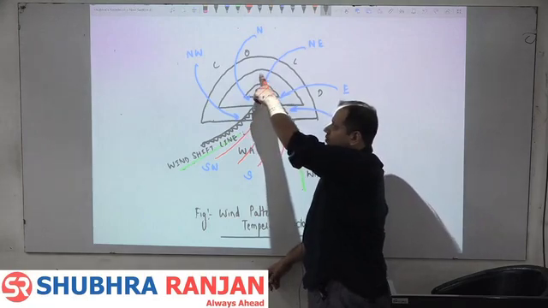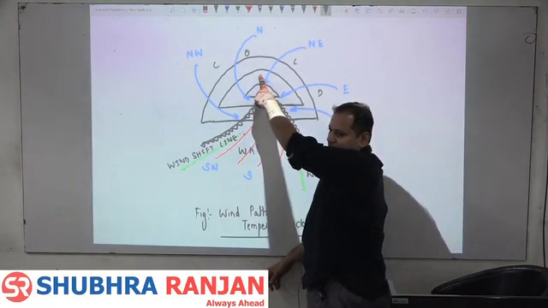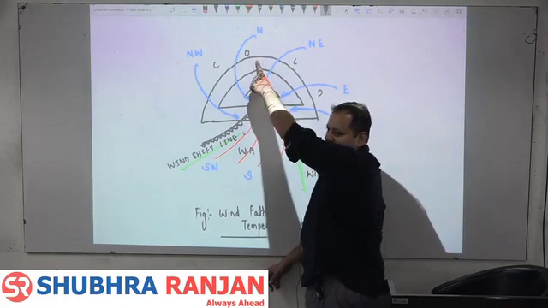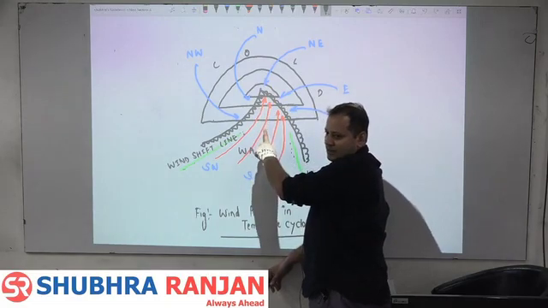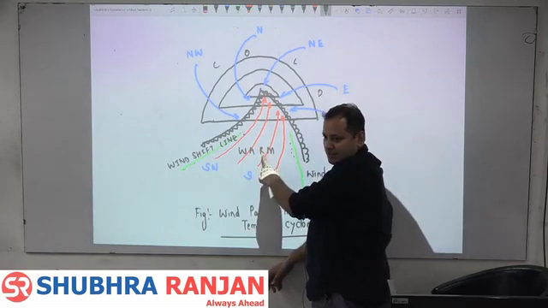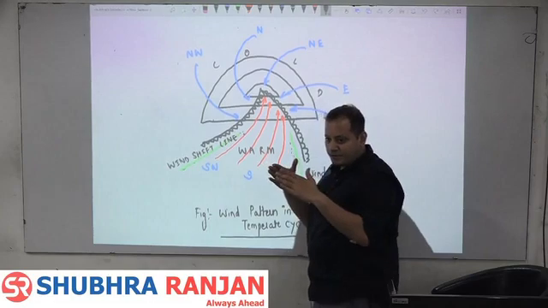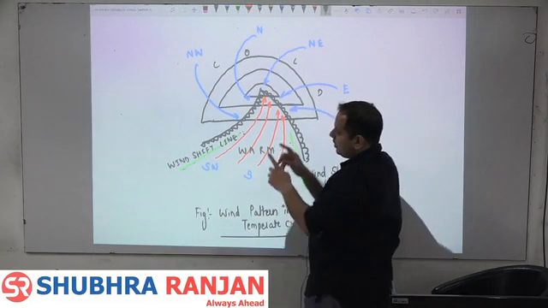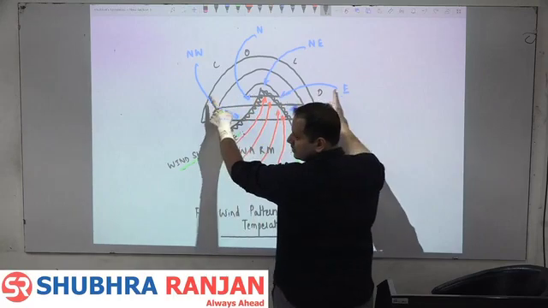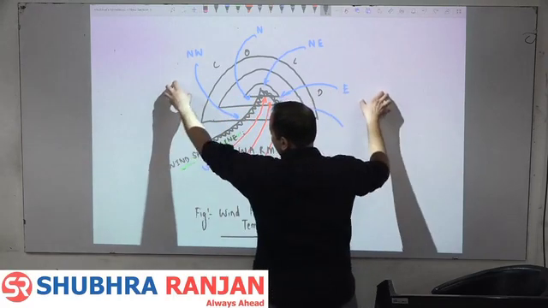If you go further, into higher latitudes, more colder air. So pressure changes. If you come down, there is not much change of temperature due to the funneling effect of the warm winds. If you go on the other sides, this may be the region of westerlies.